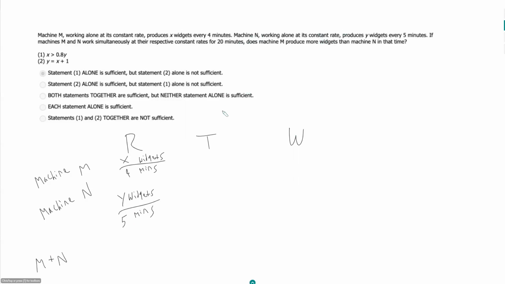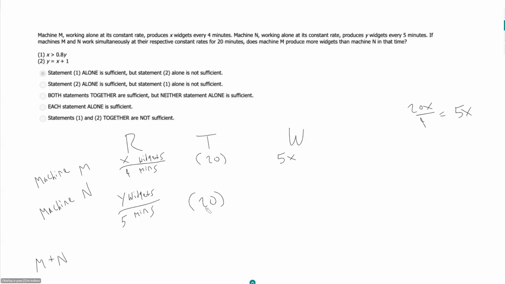So what do we want to know here before we go about solving this? They ask, does M produce more widgets than N? If they start at the same time and they work for 20 minutes, that is each of their individual times, then machine M's work is 20x over 4, which is just 5x.